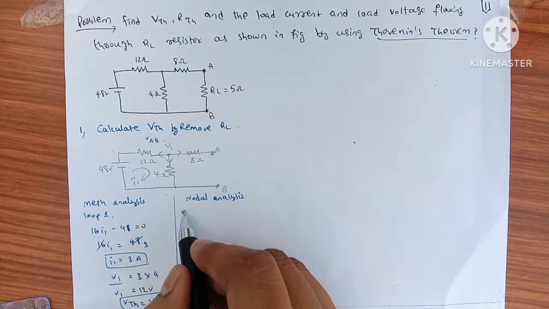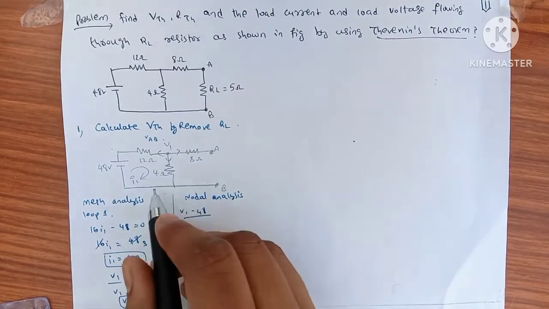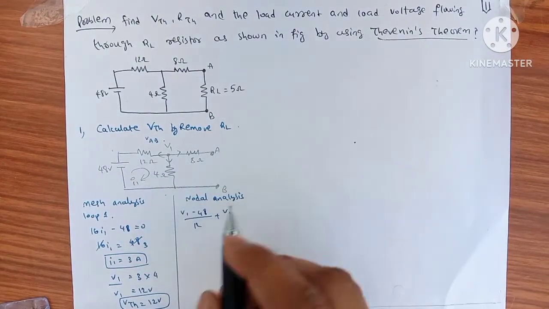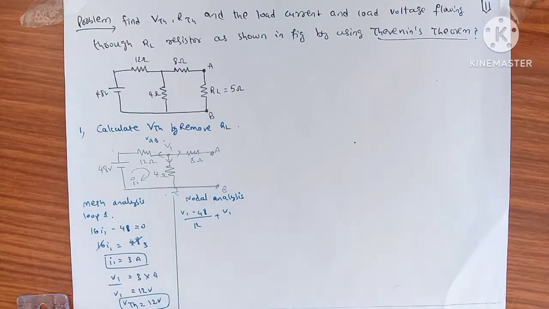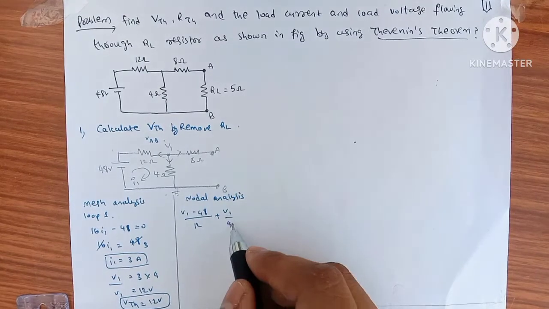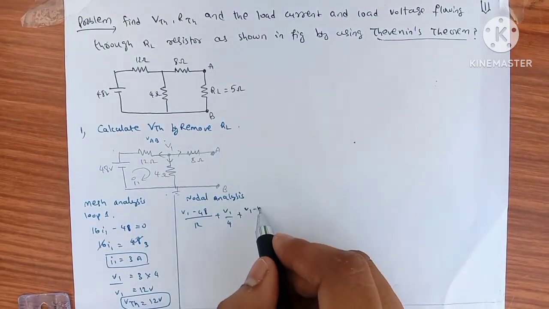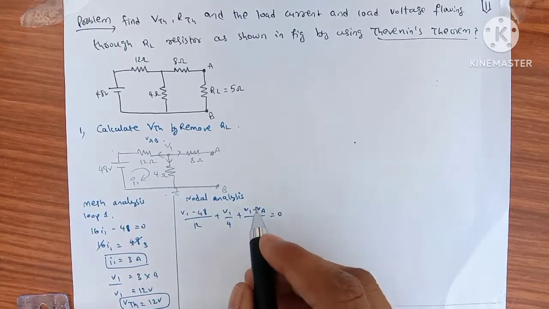So now (V1 minus 48) by 12 ohms, plus V1. I'm taking this as the reference node. So (V1 minus 0) by 4 ohms plus (V1 minus VA) by this 8 ohms, which is equal to 0.